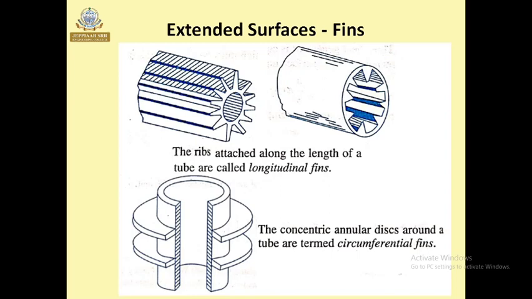The ribs attached along the length of the tube are called longitudinal fins. Here you can see a pipe where a strip of metal is fixed along the length of the tube; this is called a longitudinal fin.